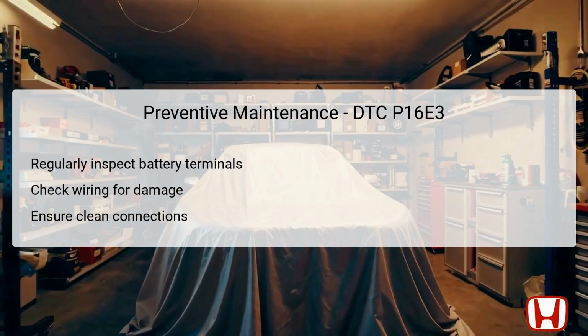Next, frequently check all wiring associated with the 12-volt battery sensor and the PCM for any signs of wear, damage, or fraying. Maintaining clean and tight connections cannot be overstated, as secure contacts prevent communication errors. Implementing these preventive measures can help significantly extend the lifespan of critical components and reduce unscheduled repairs.